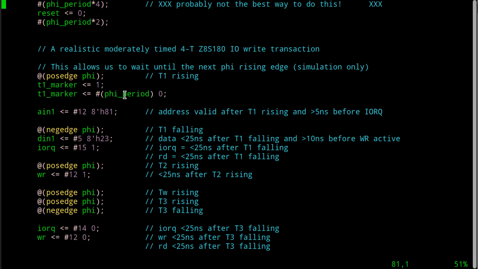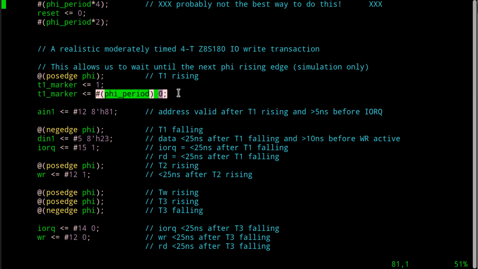So what you're really doing when you say this is you're saying after this much time transpires from now, put this value here into the T1 marker. And because it's a non-blocking assignment and there is no delay anywhere on the left-hand side of that assignment, you immediately go to the next line.